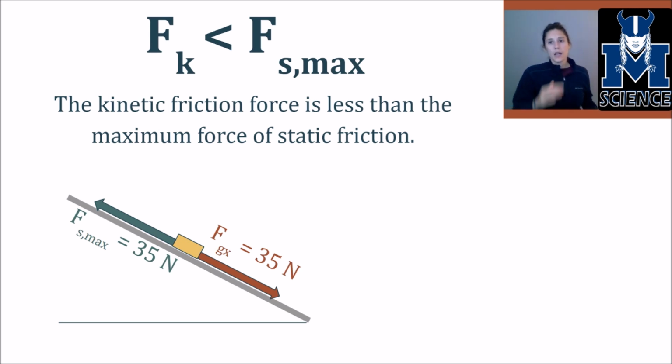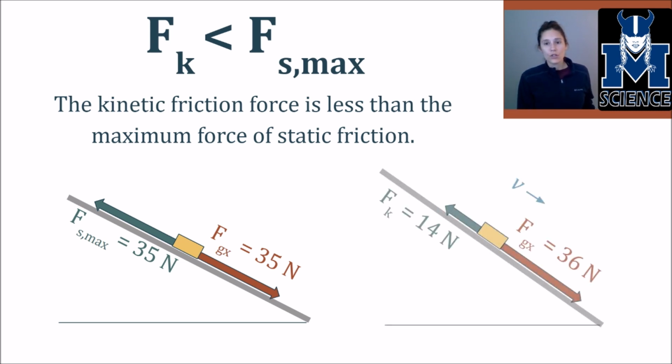It's not like as soon as it starts moving and the kinetic friction force is more than the static friction force, it would just stop, and we'd have this repeating start-stop type deal. So it makes sense that the kinetic friction force must be less, and a lot of times it's actually significantly less.